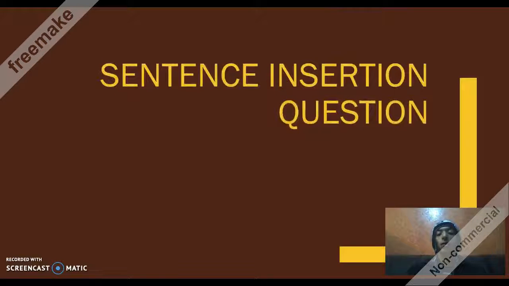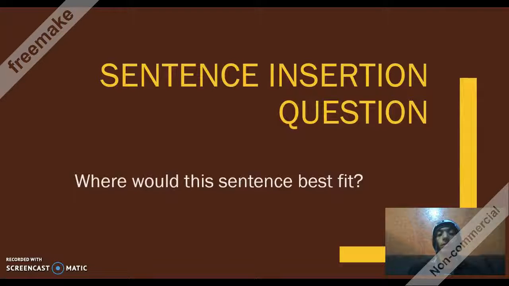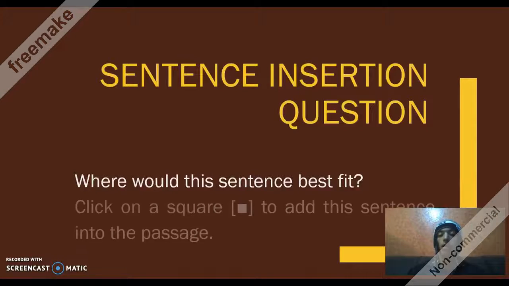Okay, the fourth type of question is the sentence insertion question. Where would this sentence best fit? Okay, you are given a sentence, and you have in a paragraph some possible spaces where it could fit.